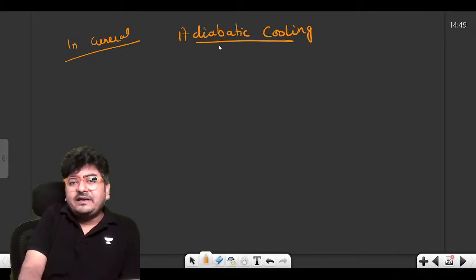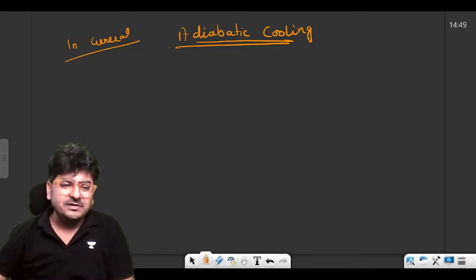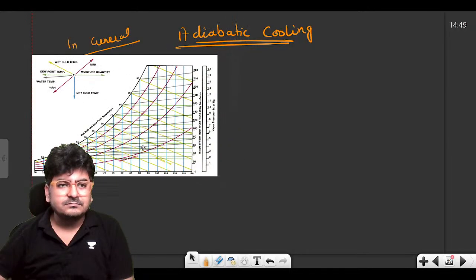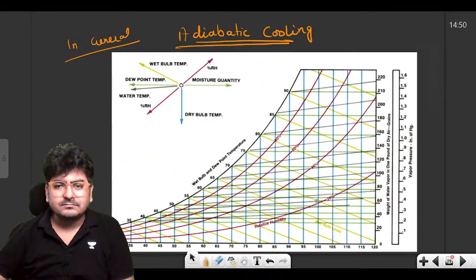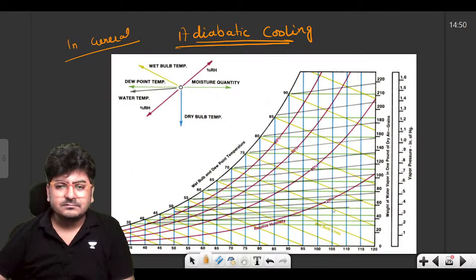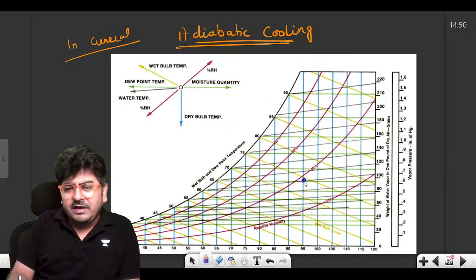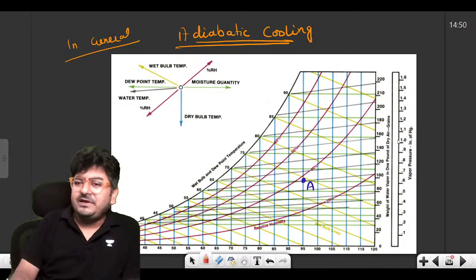Suppose if adiabatic cooling takes place, then how the point will shift on psychrometric chart? Suppose this is the point A. If adiabatic cooling is there, then where will be the point B?